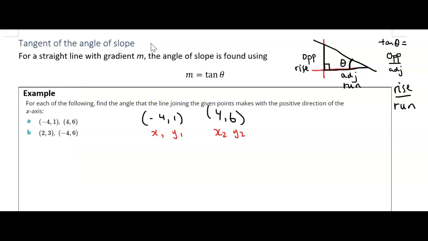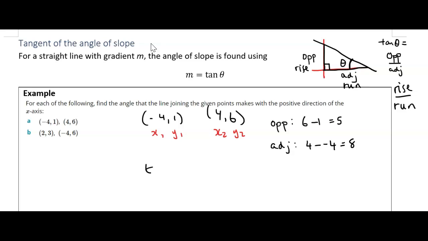All right, so your opposite side is going to be the difference between your y values. So we're going to have 6 minus 1, which is 5. And then your adjacent side is the difference in your x values. So we're going to have 4 minus -4. So it's going to be 8.